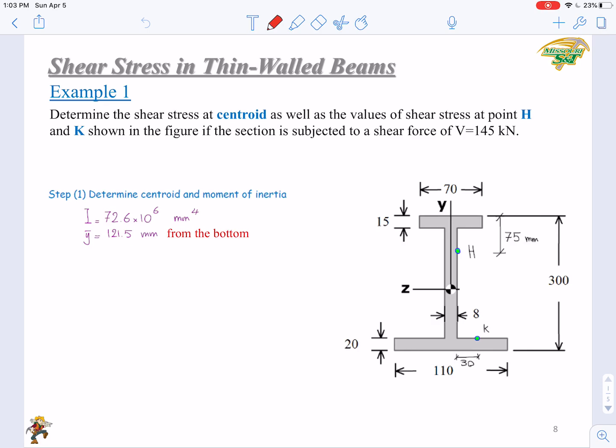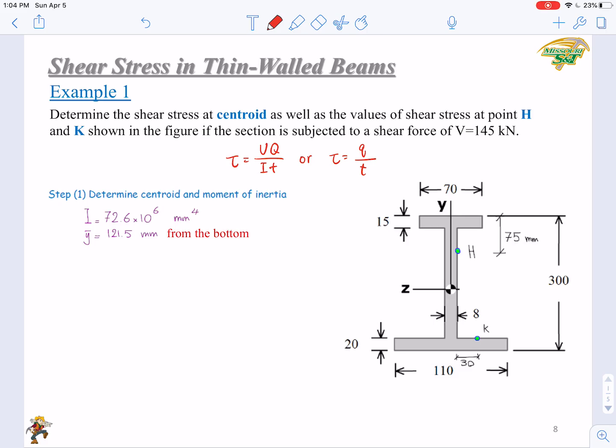Okay, so first of all, you need to determine the I and Y bar, right? Since anyway, to calculate the shear stress, you need to use this equation: tau equals VQ over IT, or tau equals Q over T. You need to use either one of these two equations.